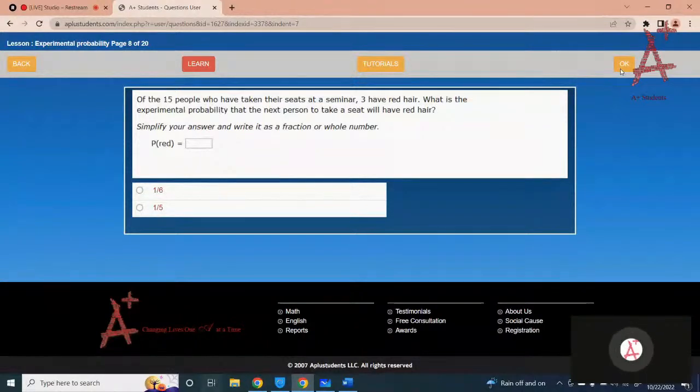It is 3 over 15 and the probability is 1 over 5. Got it? It is 1 over 5.